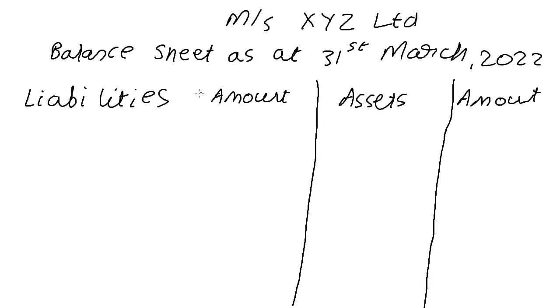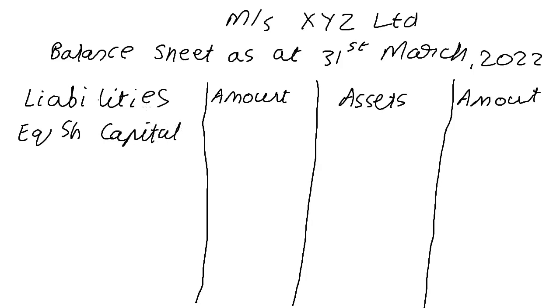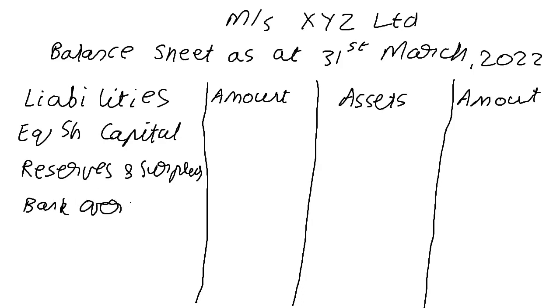I'll just have to take a quick look at the numbers, but otherwise: equity share capital, reserves and surplus. We've been given bank overdraft directly. Keep in mind that if we want to isolate quick liabilities, quick liabilities is equal to current liabilities minus bank overdraft.